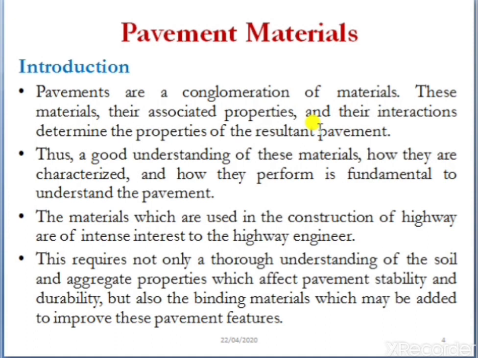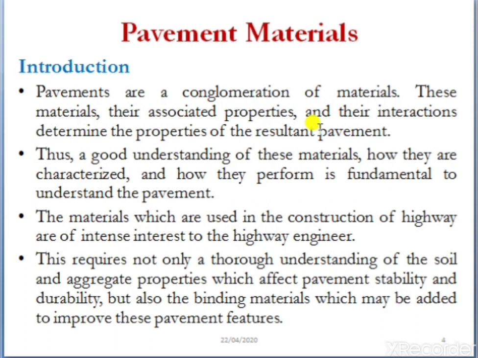This requires not only a thorough understanding of the soil and aggregate properties which affect pavement stability and durability, but also the binding material which may be added to improve the pavement features. In pavement materials, it is not only important to know the properties of aggregates and soil which are used in the construction of highways.